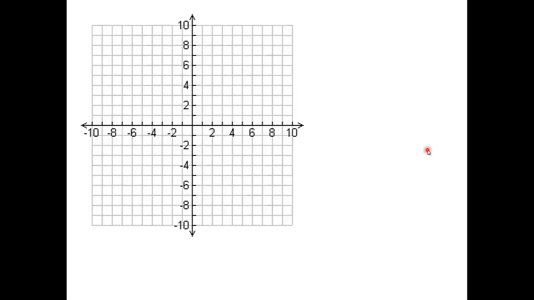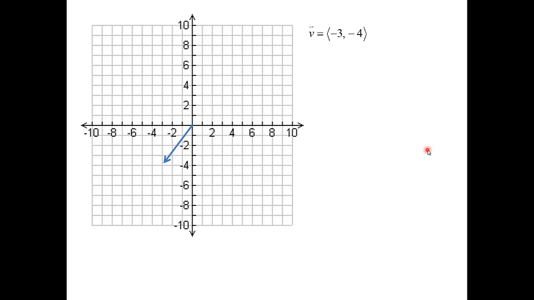Now you have to be careful when you're finding direction angles, because remember that inverse tangent will only give you values in quadrant 1 or 4. It's only going to give you values between negative 90 degrees and positive 90, not including those two. So if your vector is actually pointing in quadrant 2 or 3, you have to do something else.